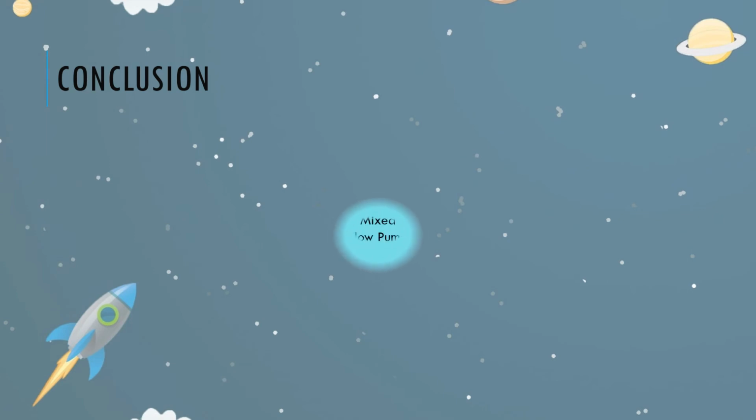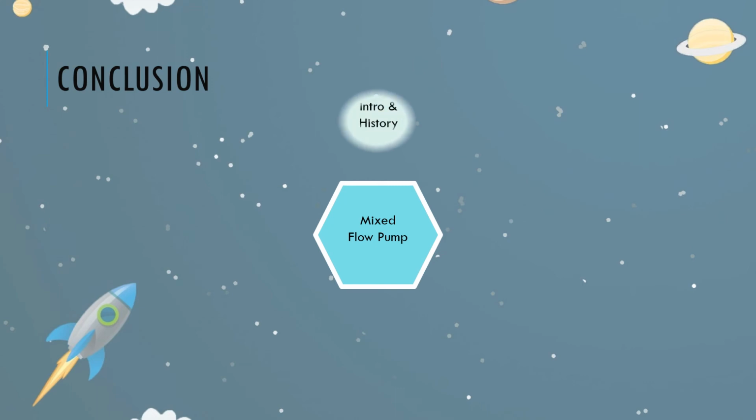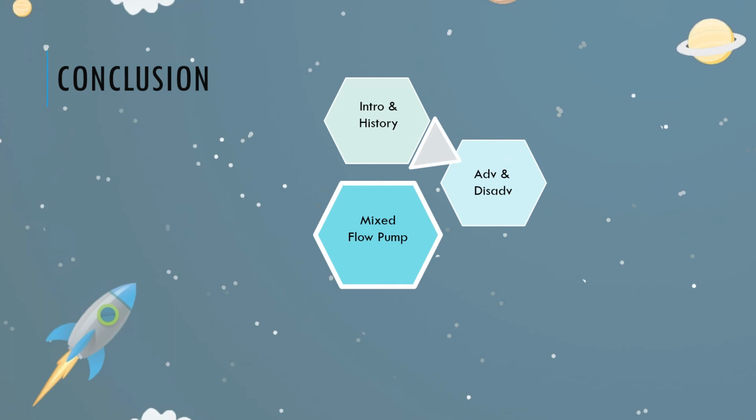And now to conclude our group investigation, first we will take an overview of what we discussed. First, we discussed the introduction and the history, where we talked about the pumps that were invented in the 16th and 17th century. Second, we looked into the advantages and disadvantages.